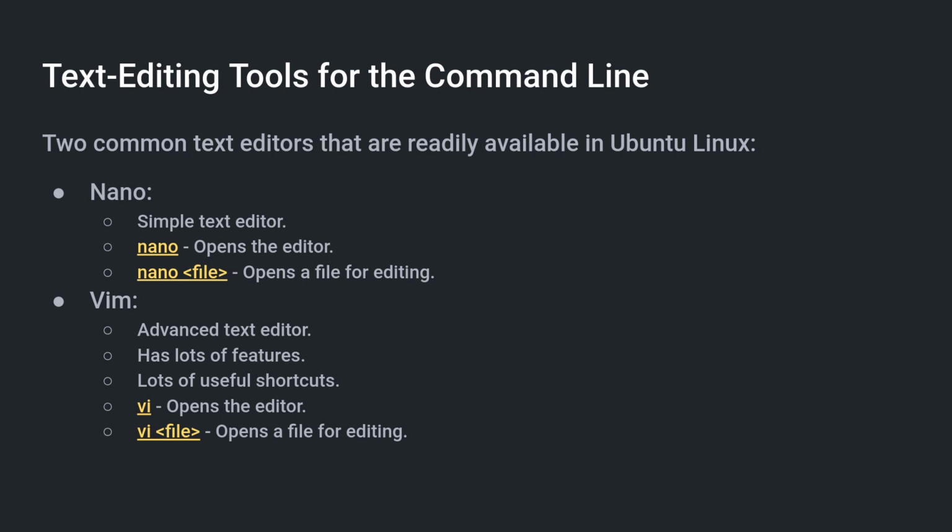And then there's also Vim, which is an advanced text editor, and this has more features, and it's kind of like a code editor. So it has lots of features, lots of useful shortcuts, and you can create files using it, and also edit existing files.